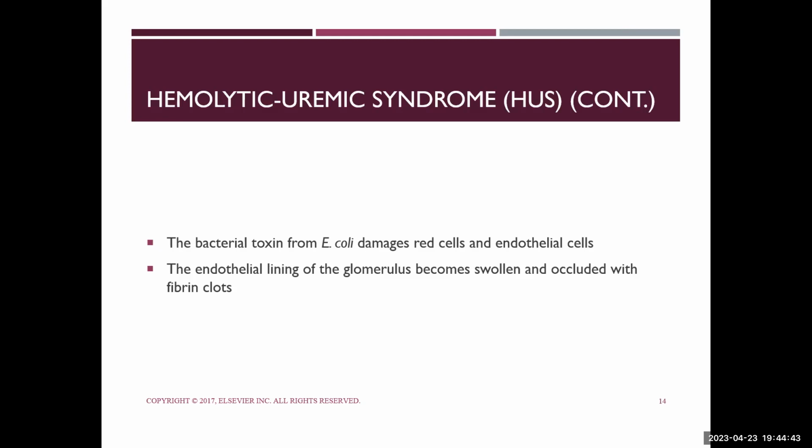Usually, you give patients platelets because there's a thrombocytopenia. Fibrinolytics are usually not needed, but if it's severe, you can give them, and then usually the patient may need antibiotics. But usually, this occurs after the GI infection has cleared.